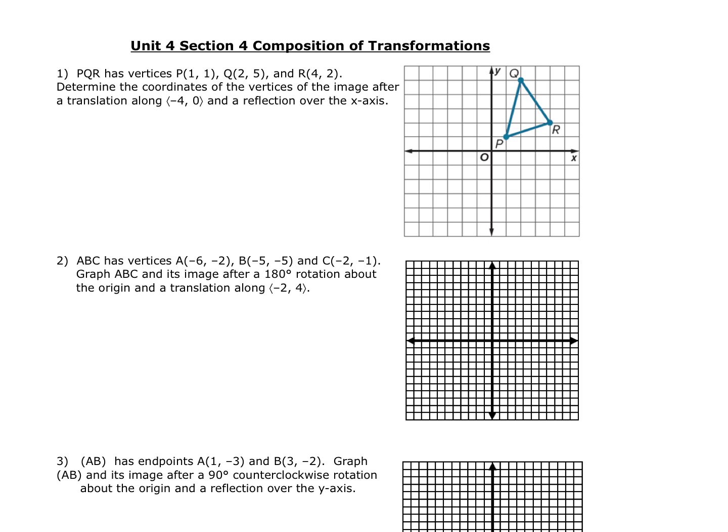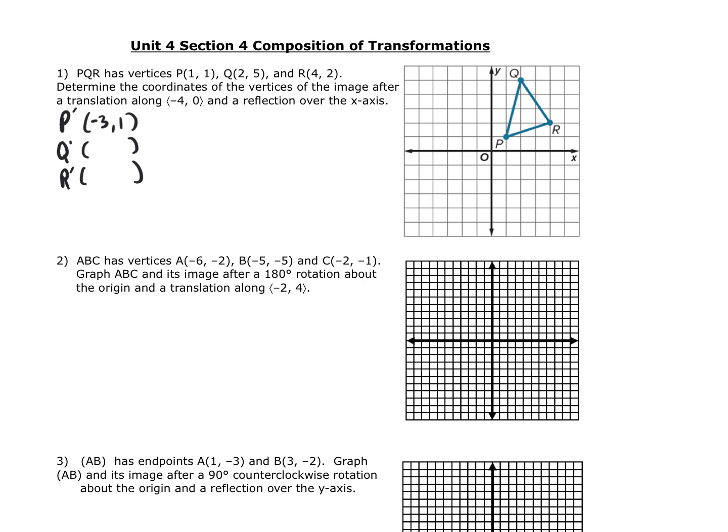We can think about P prime, Q prime, R prime as all we have to do is subtract 4 units from the x values. So P was at (1, 1), so 1 minus 4 is -3. And then, of course, we don't do anything to the y.